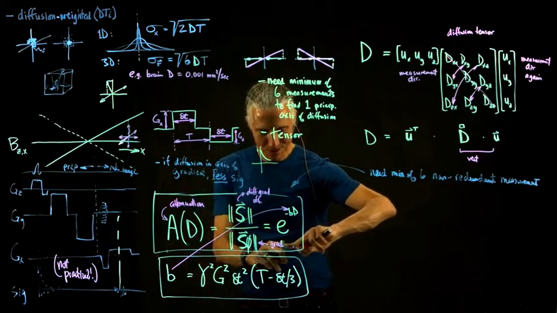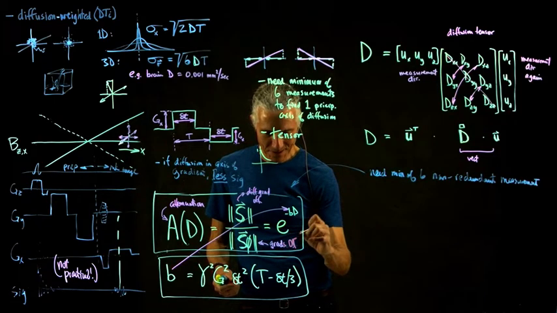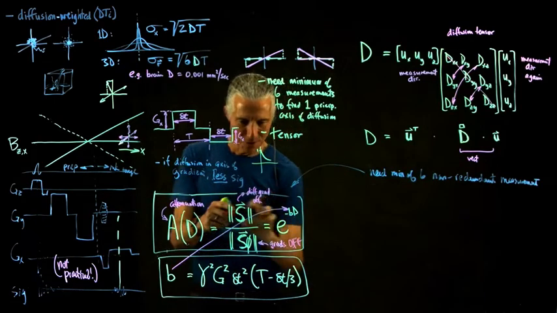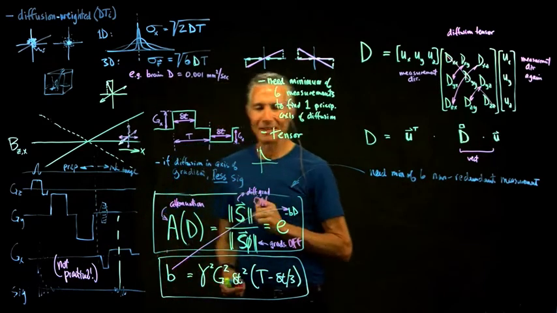S, signal 0. Okay, gradients off, diffusion gradient on, sorry.